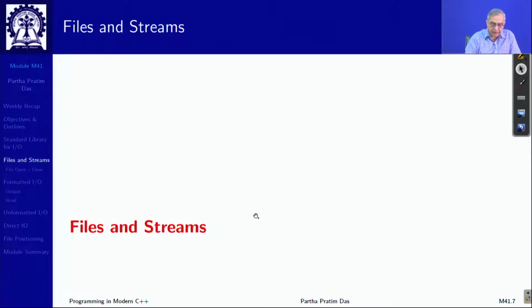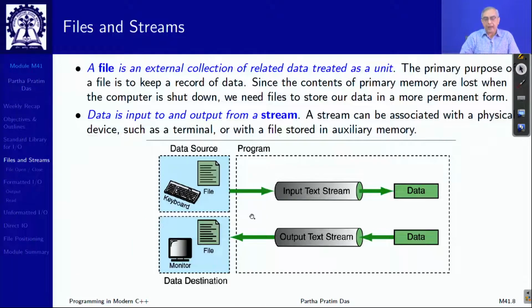The basic notion of stream is very critical, and actually C was a pioneer in introducing the concept of stream, which eventually got imbibed into Unix, and it is there everywhere. We understand what a file is.